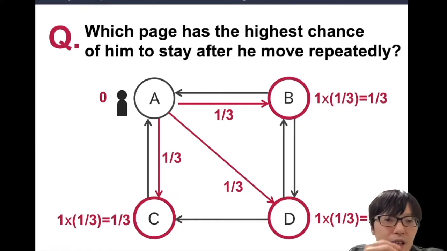If he stays on page A, the probability that he selects a link from A to B is 1/3. The probability that he will stay on page B after his first transition is 1 times 1/3.